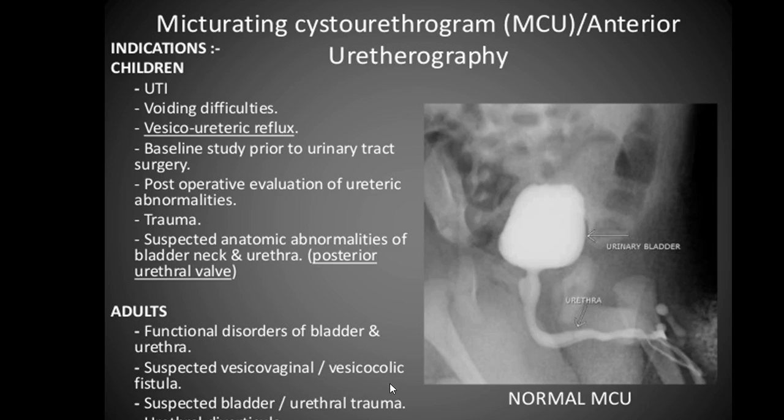By this we can diagnose the vesicovaginal fistula, which is usually a congenital anomaly in which the urinary bladder communicates posteriorly with the vagina.